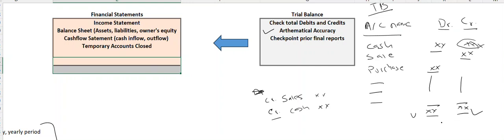So this would help you ensure that your accounting entries have passed correctly. If you find out that both are equal, that means your trial balance is most likely accurate, and then you are going to proceed towards the preparation of your financial statements.